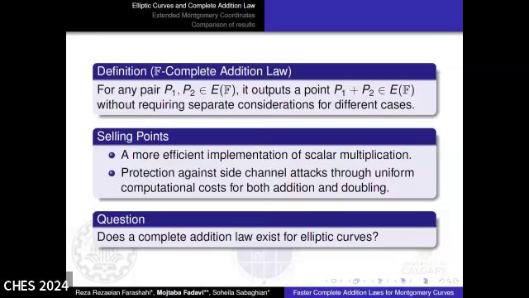First, it has efficient implementation. Second, it protects against some kinds of side channel attacks, such as simple power analysis.